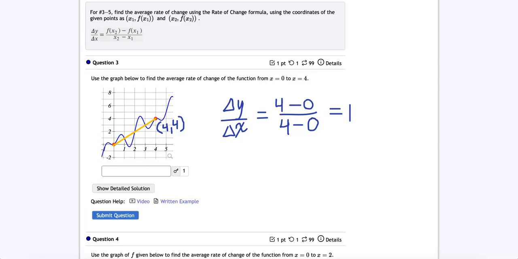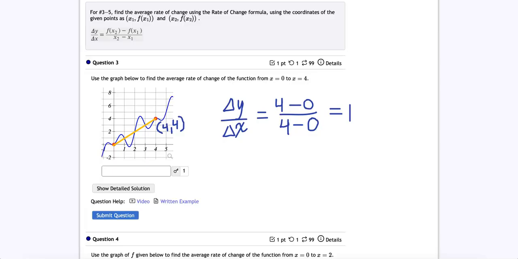Over the course of the entire interval, 0 to 4, if you were to take an average of all of these rates of change, it could be computed by way of looking at the slope of the line connecting the beginning to the end. And so that is really what differentiates slope and rate of change.